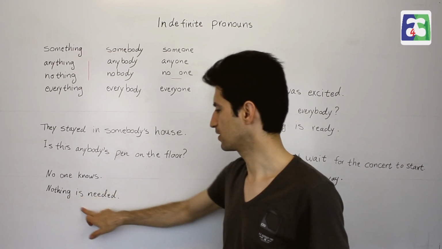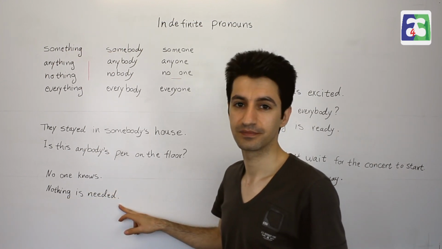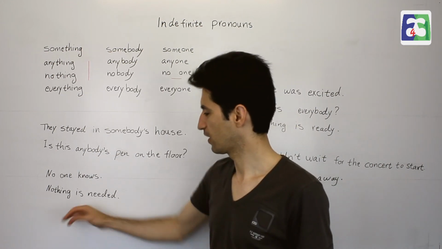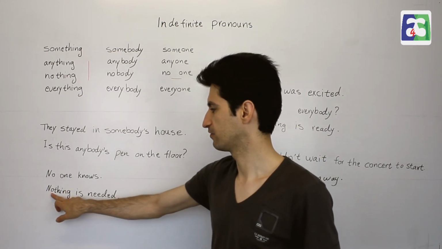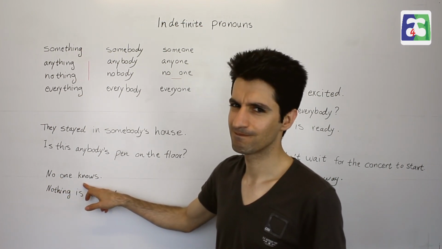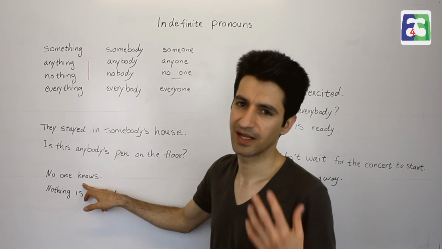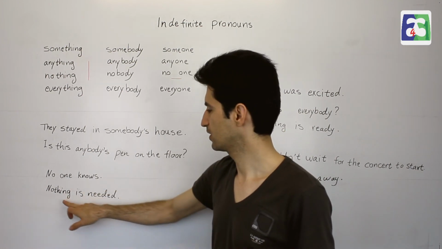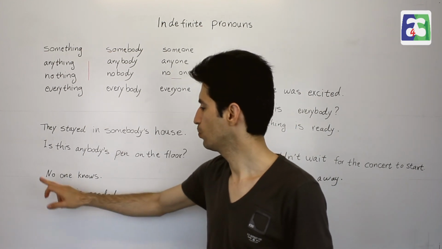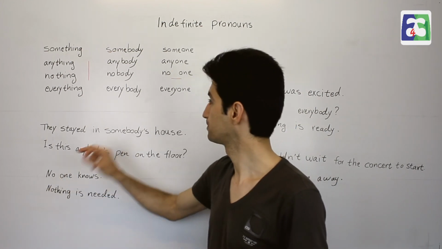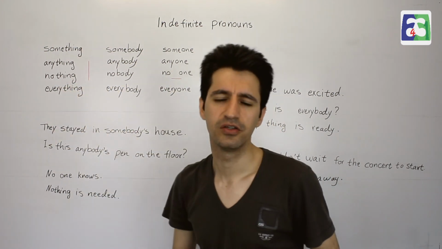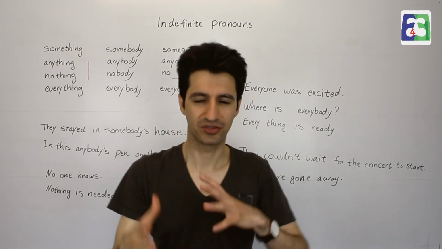Over here, nothing is needed means they do not need anything. But I do not have not in my sentence. Instead, I have a no. So you can't say no one doesn't know. That's a double negative, and that is not allowed. Nothing is not needed, I can't say that. So nothing, no one, and nobody do not need not to change to negative.